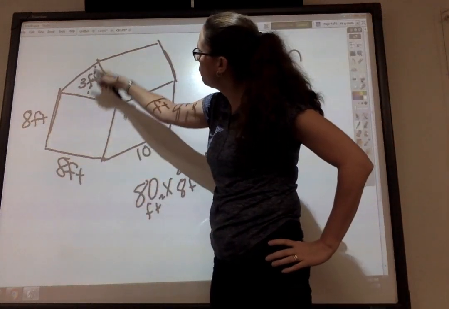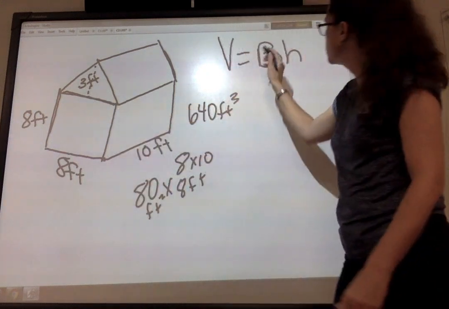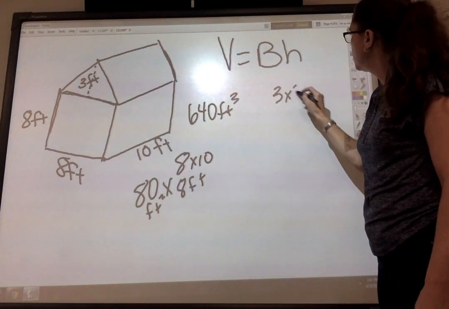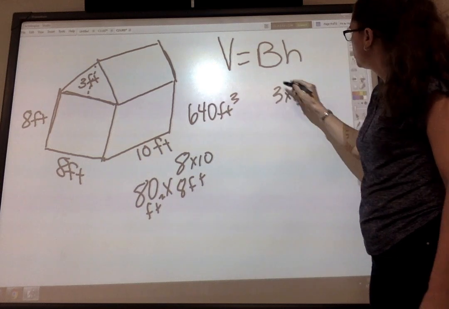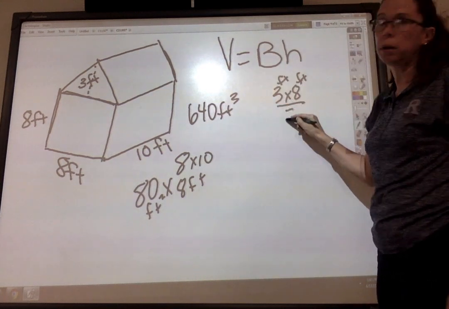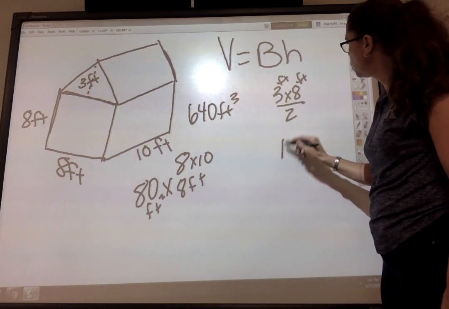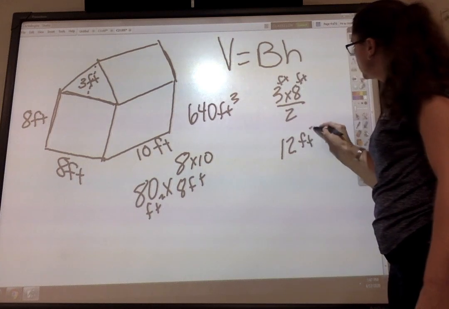The height here they gave us was 3. This is the base of the triangle, 8, right? So 3 feet times 8 feet, divide by 2, this is area of a triangle. 3 times 8 is 24, divided by 2 is 12 feet squared.